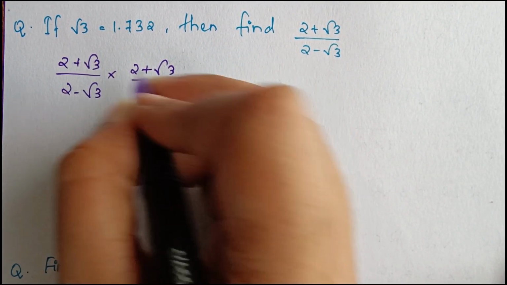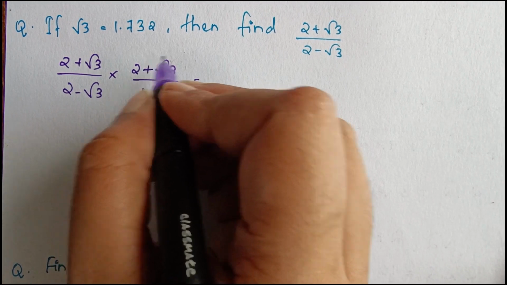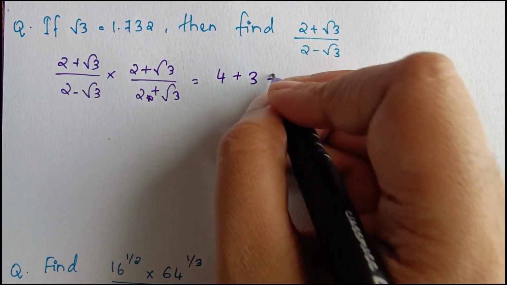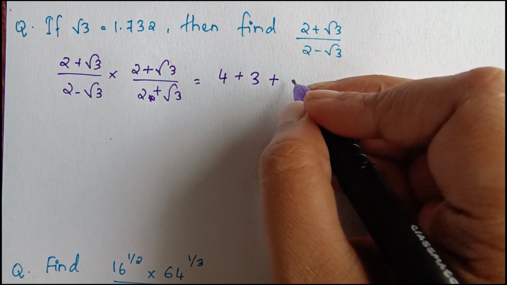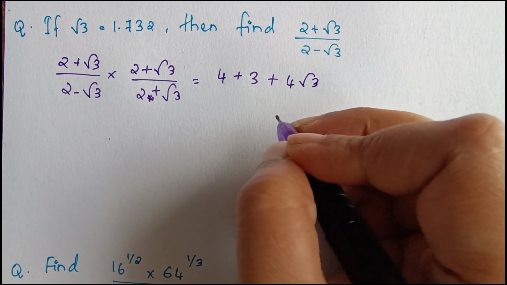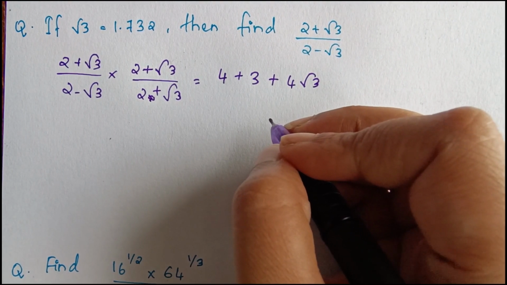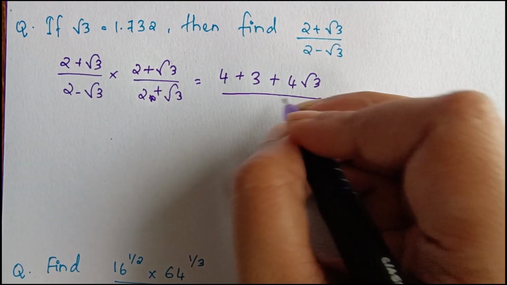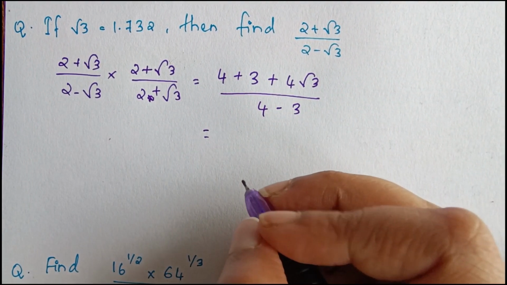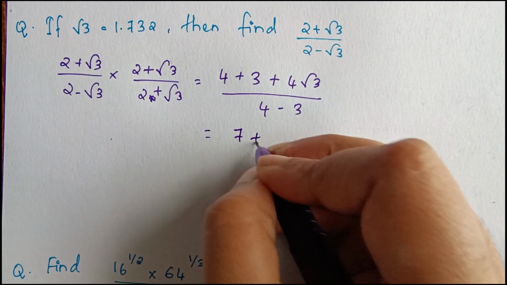So a plus b, the whole square is 4 plus 3 plus 2ab, 4 root 3 whole divided by 4 minus 3.